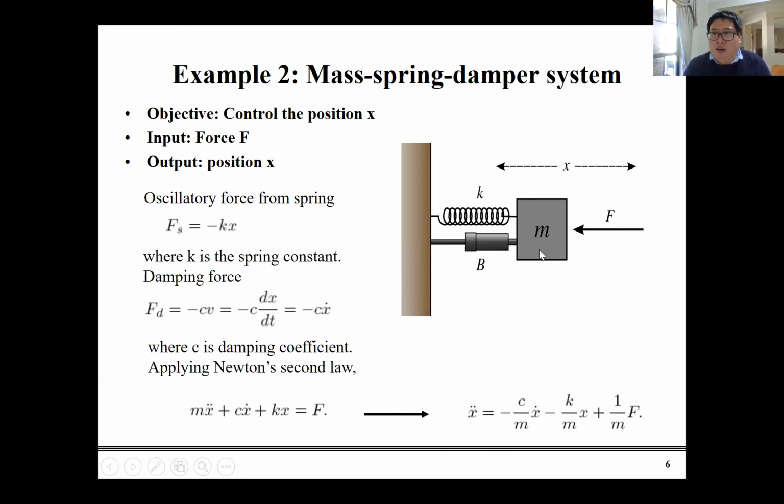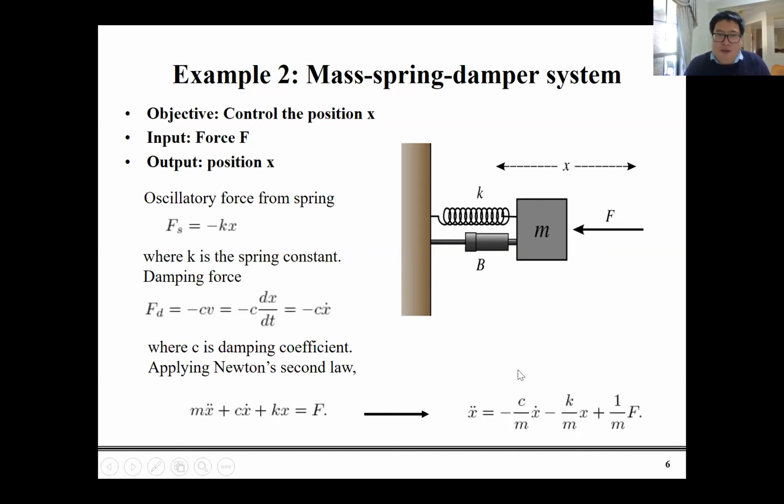And also minus the force from the damper, which is B times x dot. So that is the sum of the force, and it is equal to the mass M times the acceleration.